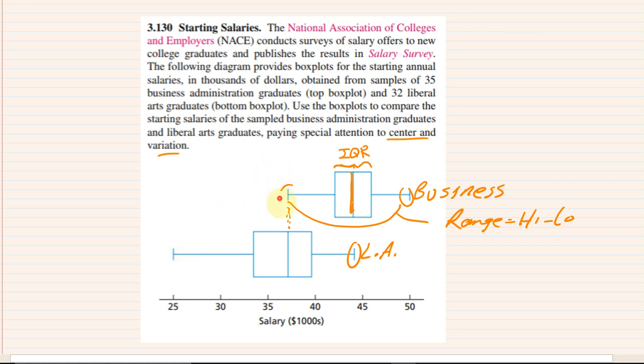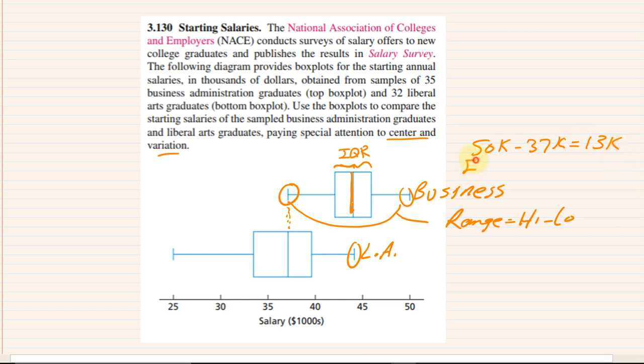Now, let's look at the range. High minus low, that's about 50 to about 37. That's 50K minus 37K, that's $13,000. Right? That's the range of the salaries for business majors, in the $13,000 range.